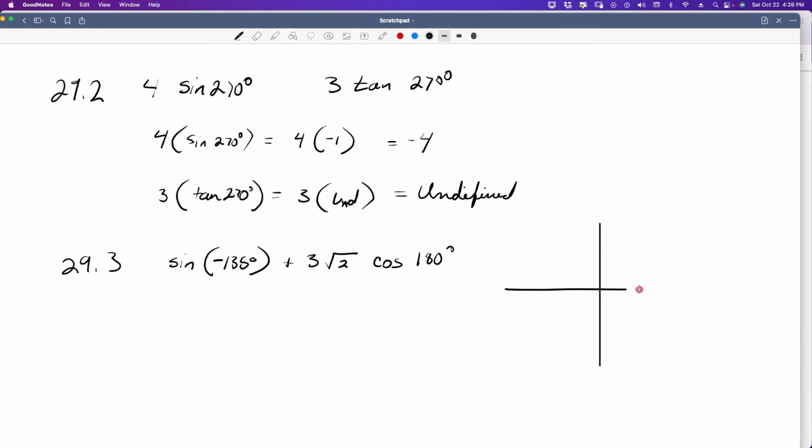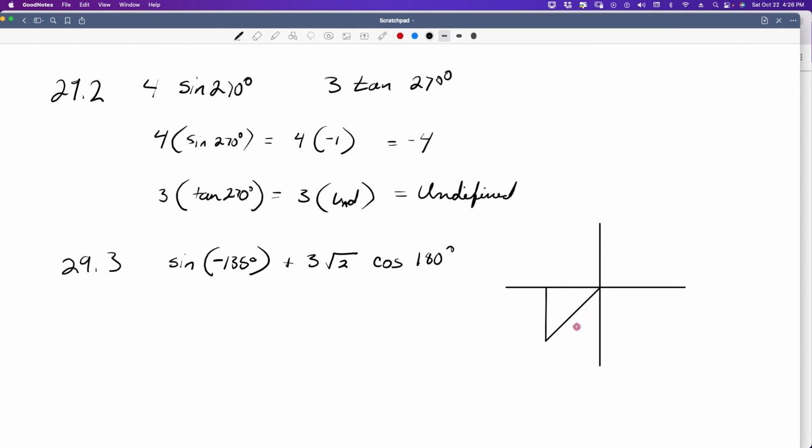So the negative 135, that means we measure this way. So we'll start here and go 90 and then all the way to 135 here. So this is where it goes to. I was looking at the answer going, why in the world is it like that? Now it makes sense.